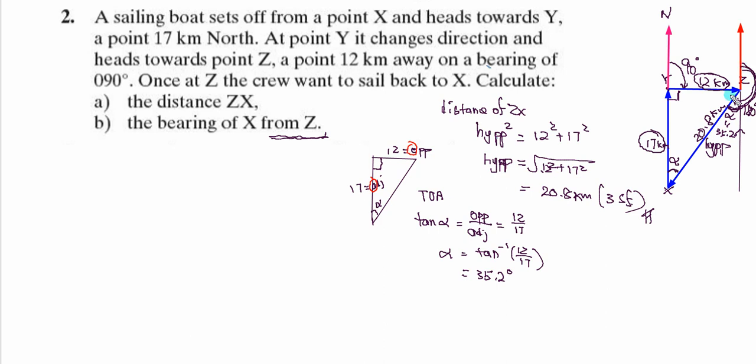If you want to find the bearing of X from Z, it is this angle all the way until here. So the bearing of X from Z would be the 180 degrees, from here all the way until the vertical line, plus alpha, which is 35.2. That gives you a total of 215.2 degrees. Okay, that's it.